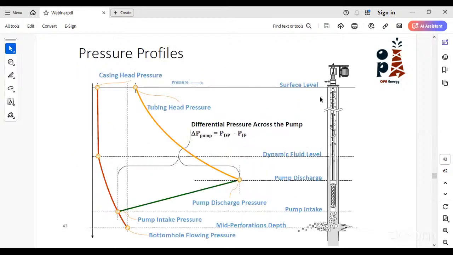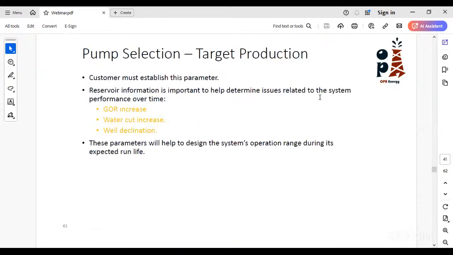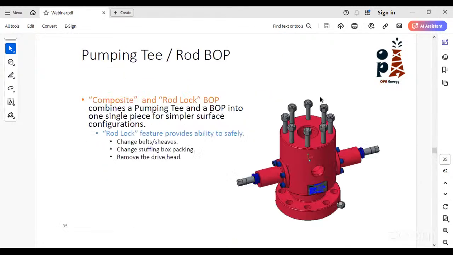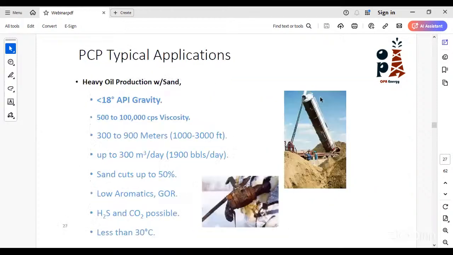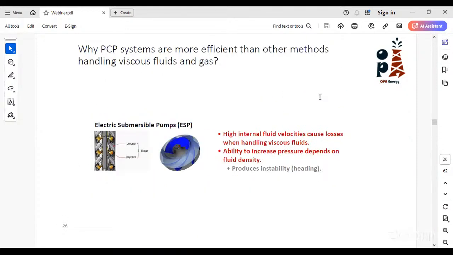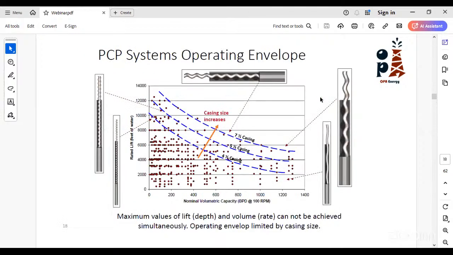This one. Yes, please correct me. The previous one. Which one? Earlier, more. This one? Yes, this one.